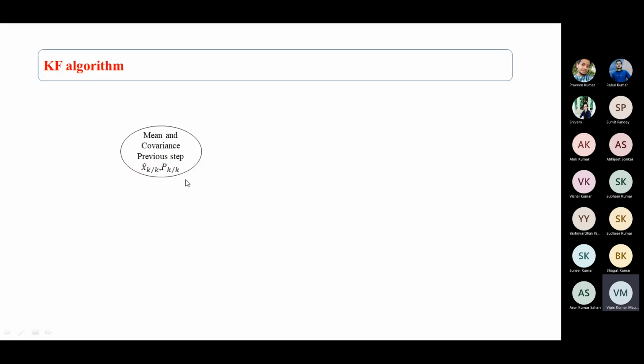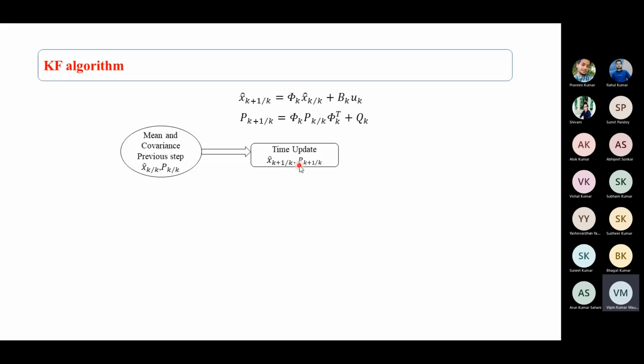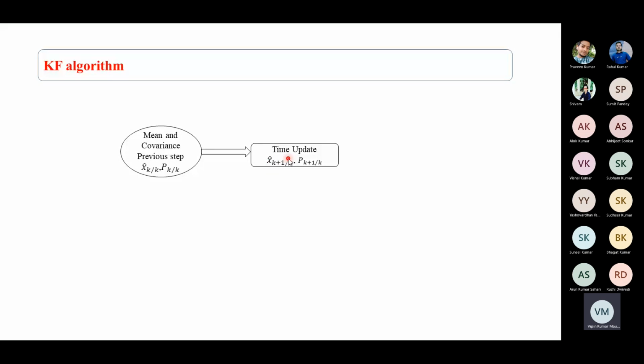So what you have to do first is predict. We are trying to update it in time, which means we are going for the time update equations. We are talking about the x value at k plus 1, but using the observations of k. That's why we call it prediction.